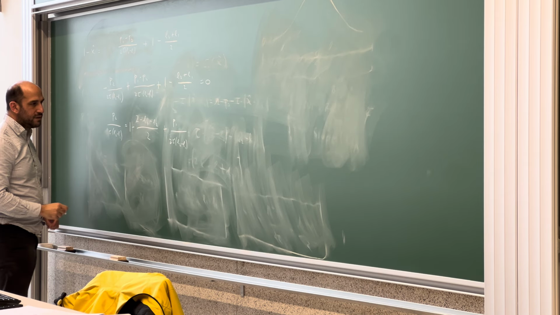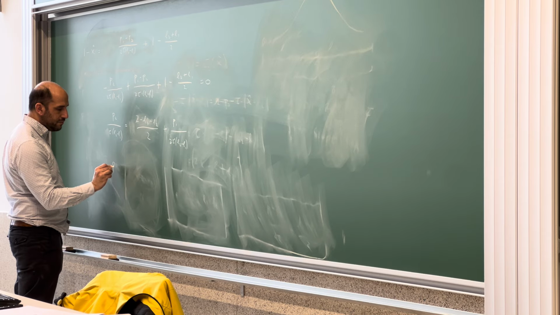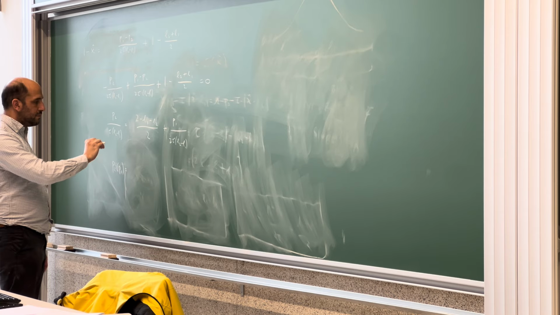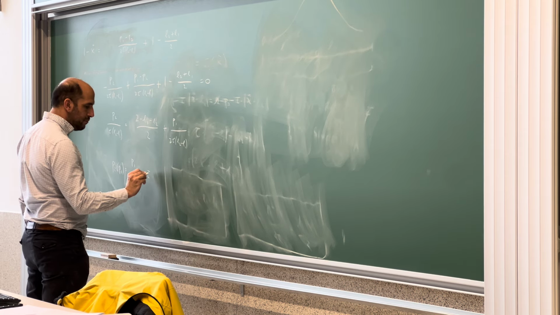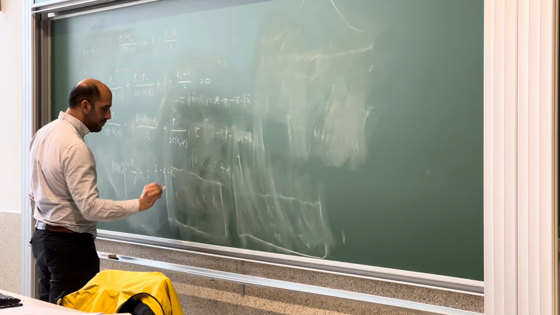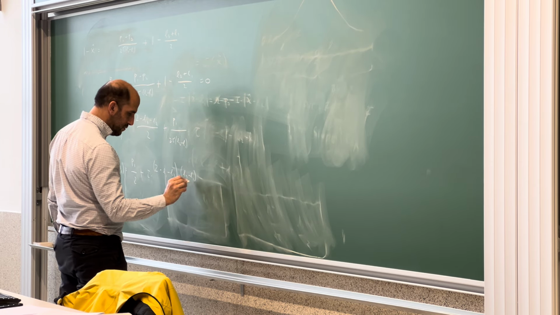Now I have to pass this to the other side. So P2, the response as a function of P1, is going to be equal to P1 over 2 plus tau times (2 minus L1 minus L2) times (L2 minus L1), divided by 2.